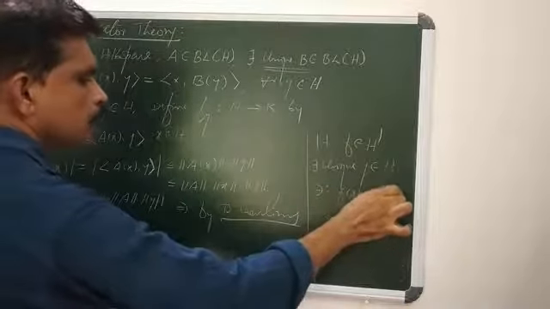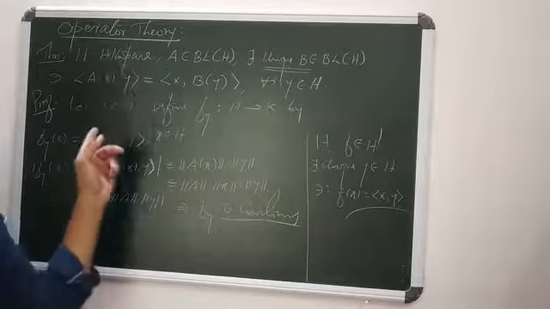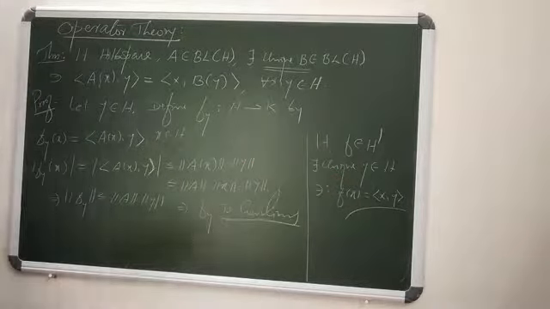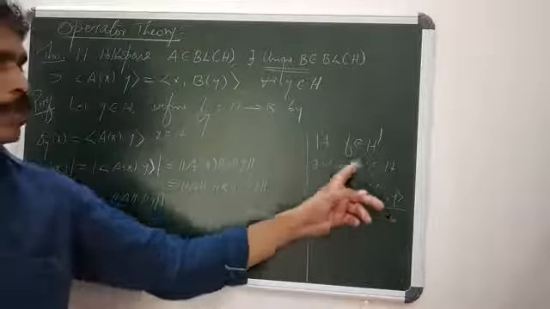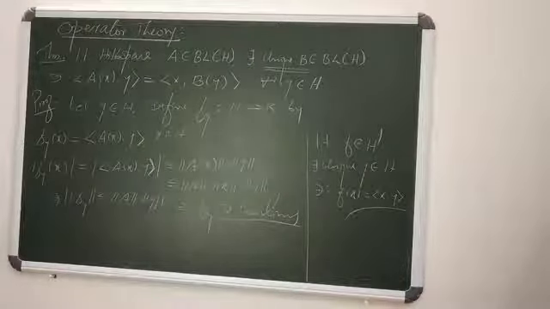Here again H is a Hilbert space, F is in H dash, H dash means it is a dual, F is a linear functional. Then there exists a unique y in H with F of x equals inner product xy.